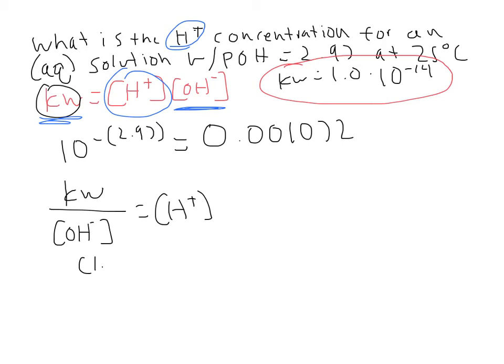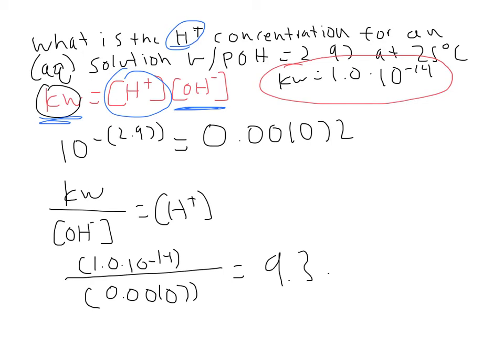So you get 1.0 times 10 to the minus 14 divided by the OH concentration of 0.00107. And according to my calculator, I got 9.3 times 10 to the minus 12 molarity.